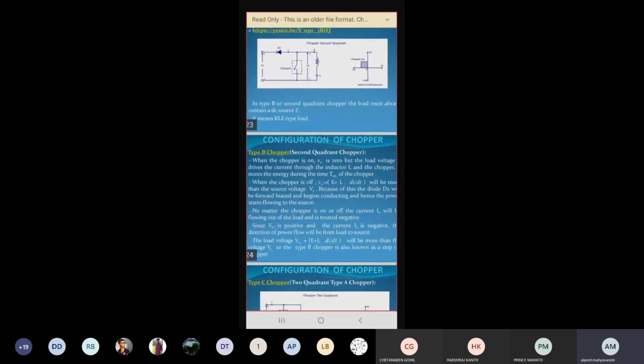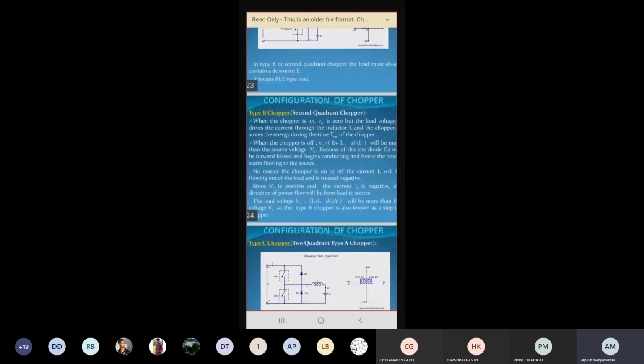So no matter whether the chopper is on or off, current I0 will always flow in the reverse direction. When the chopper is on, it flows from the load. When the chopper becomes off, it also flows from the load.